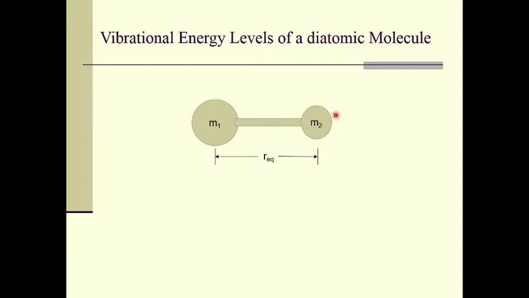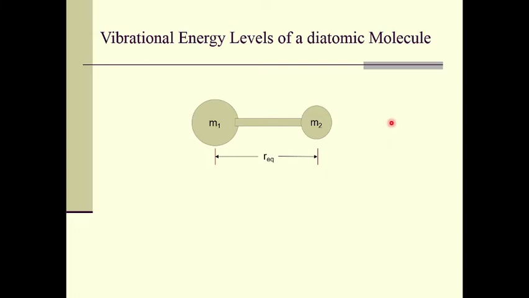This will change the potential energy of the molecule, and we have plotted the variation of the potential energy of the molecule against the atomic distance r that we have already seen in the diagram.